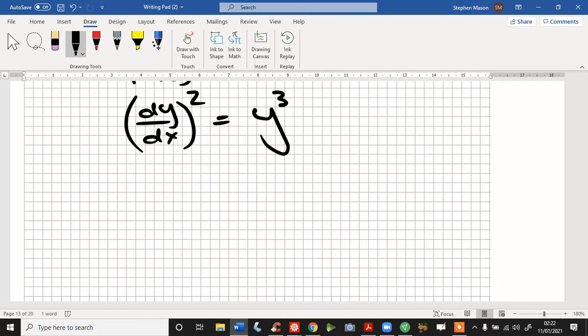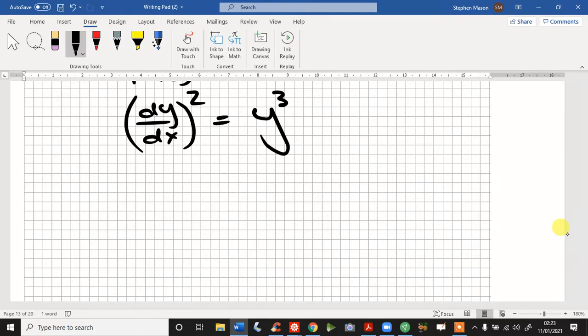Now I'm just going to take the positive square root of both sides. You could take the negative square root of both sides, but we'll just stick with taking the positive square root. It's a lot simpler for the purposes of getting to a solution.